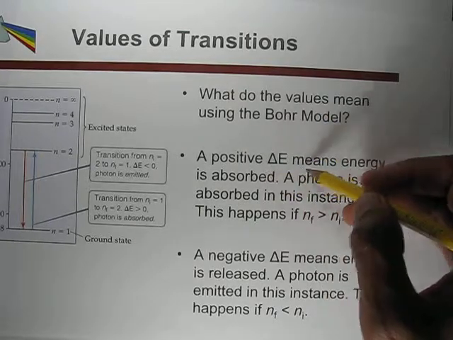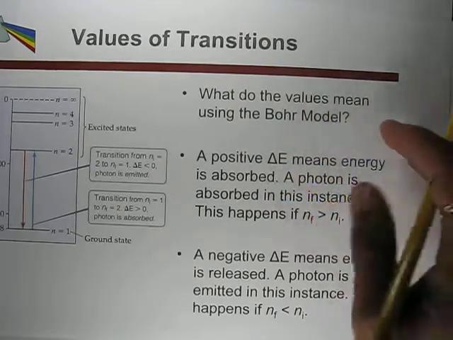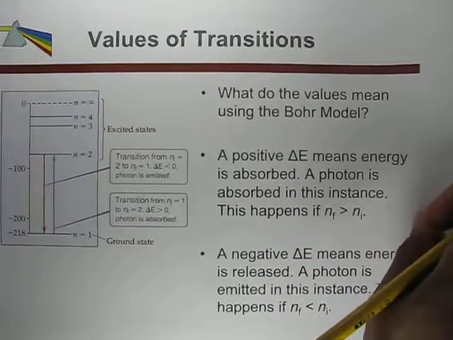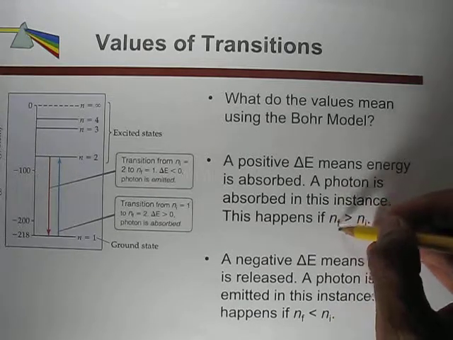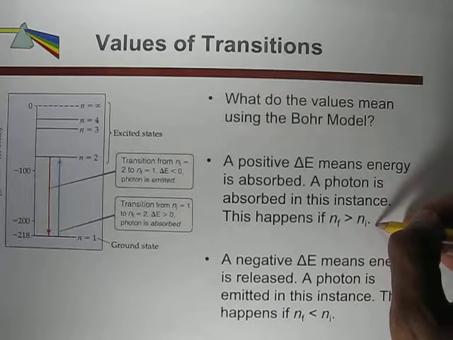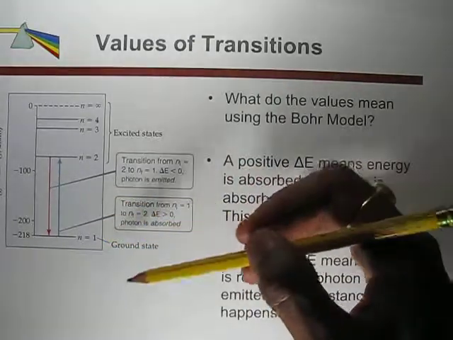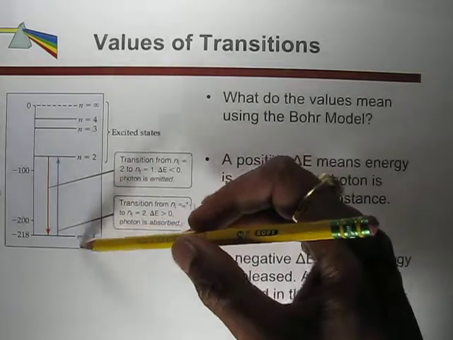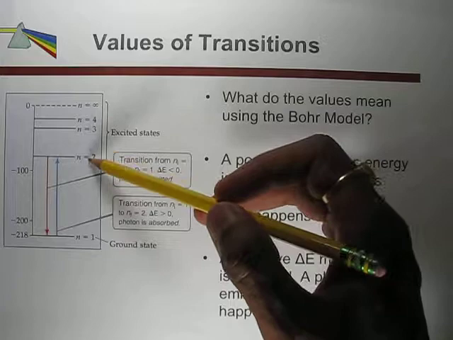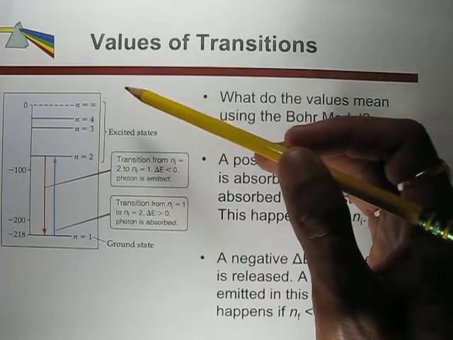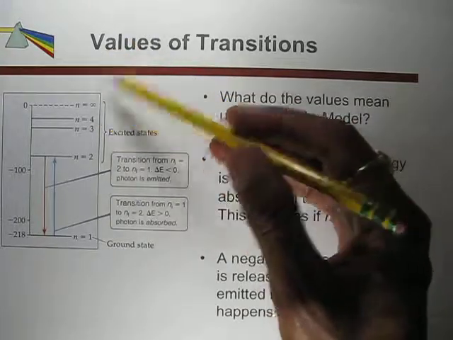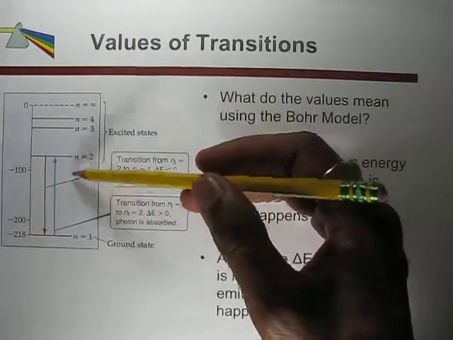A positive delta E means energy is absorbed. A photon is absorbed in this instance, so this will happen when small n final is more than small n initial. So when the electron goes from the ground state, which has the lowest energy, to an excited state like number 2, 3, 4, 5, or any higher energy level, then it absorbs energy.